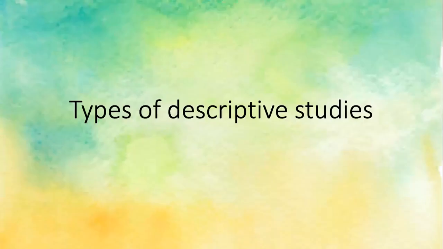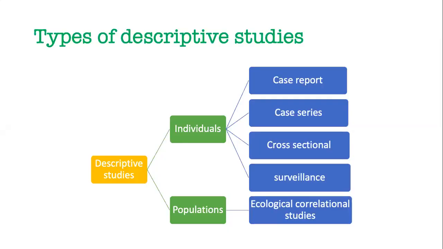So there are several types of descriptive studies. Descriptive studies can describe certain individuals or populations. The more common ones would be your individuals. If it's a case report, usually it's just one patient, a rare condition, a rare presentation, or an unusual case.